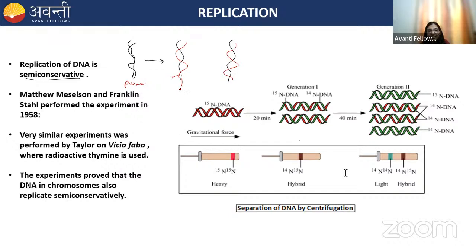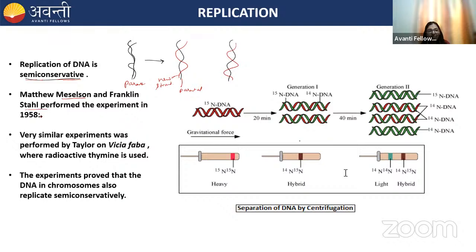So this strand is conserved, it's a parental strand, and this one is the new strand. So it is semi-conservative in nature, where one strand remains conserved and the other strand is synthesized. And they can be easily synthesized because both the strands are complementary to each other.